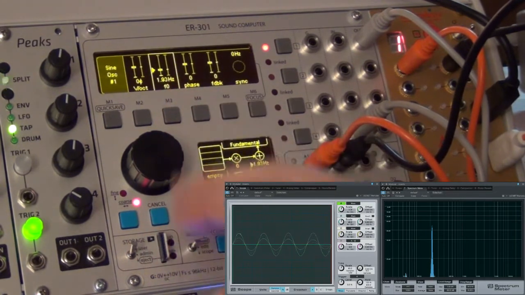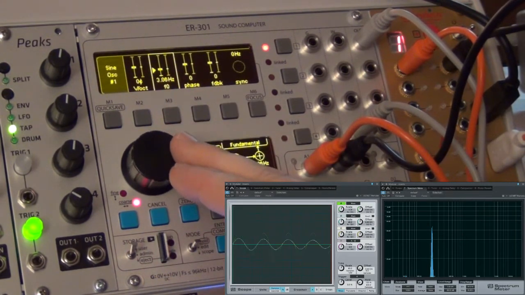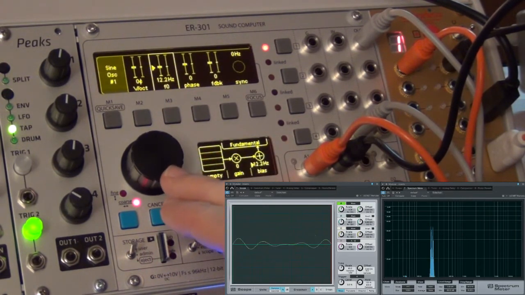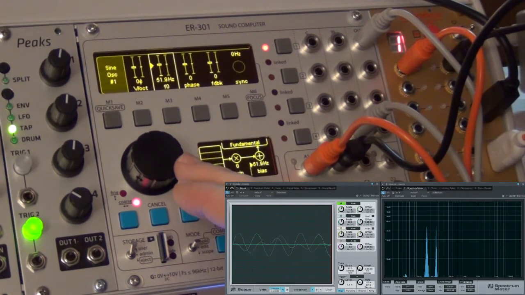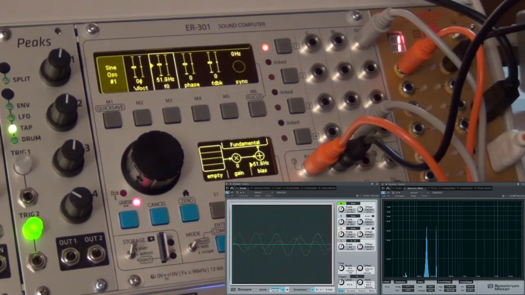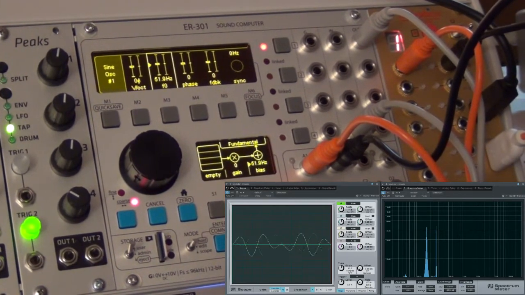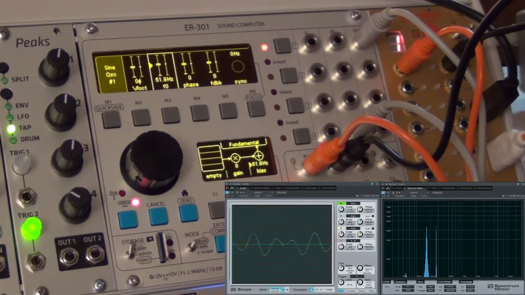As we start to bring this up into the audio rate, some strange things start to happen. Let's turn the volume down for a second. You'll notice on the spectrum analyzer that now instead of one band, we've got two bands.